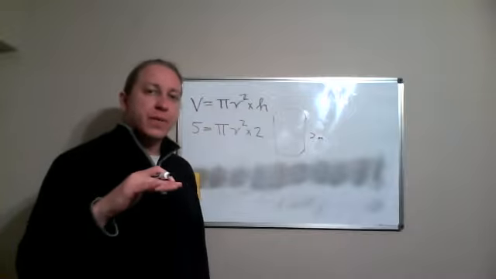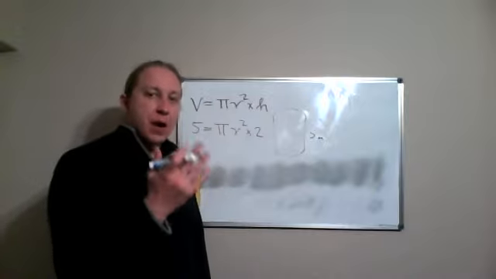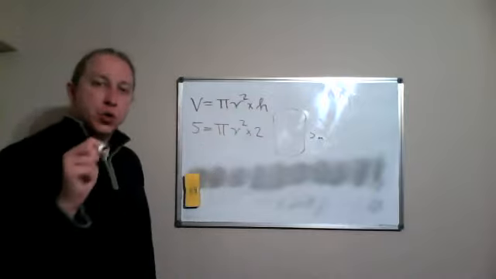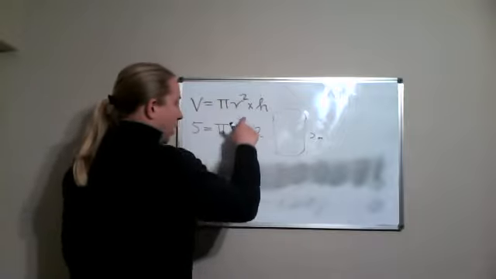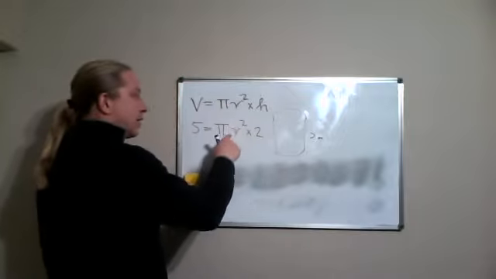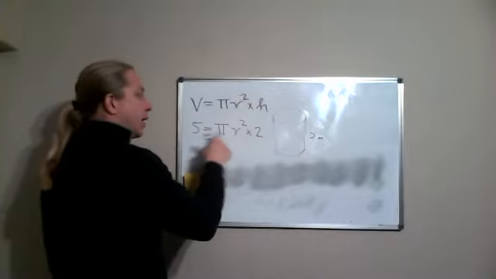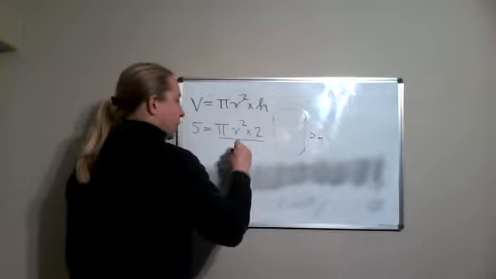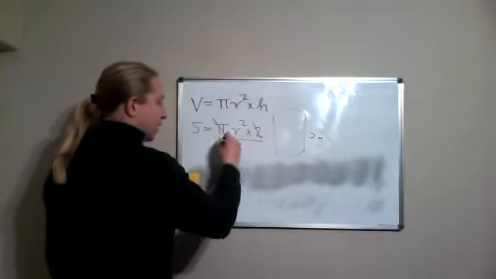Remember how we divided by the coefficient of the variable to get rid of it? Now we need to get rid of the square, so we're going to square root both sides. First, I want to isolate this r squared. So I want to divide by this pi on both sides. I'm going to divide by pi, it will cancel with that.